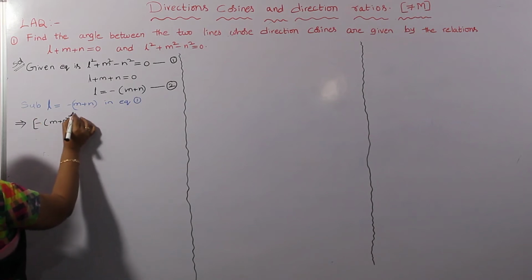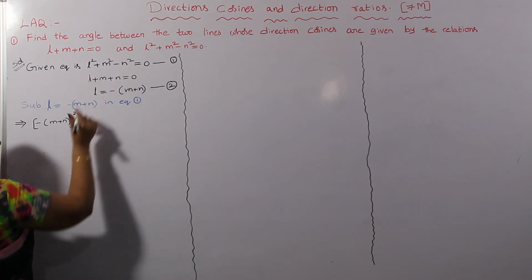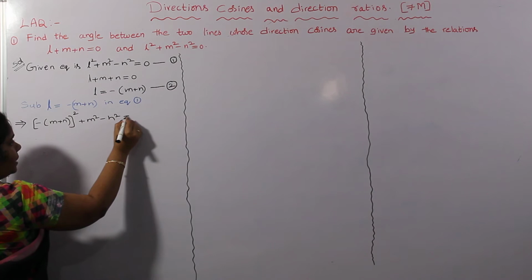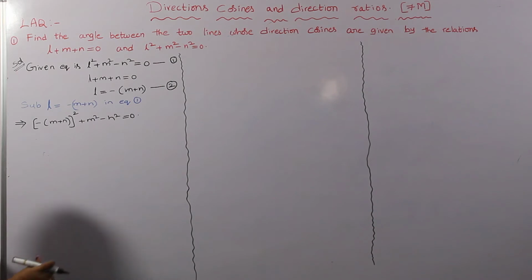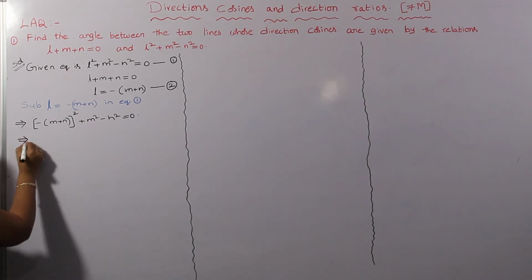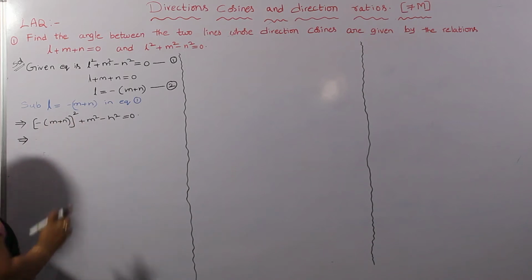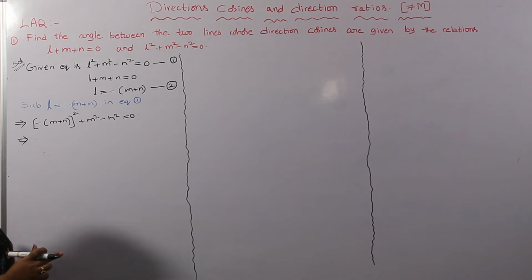That implies equation 1 becomes minus of m plus n whole square plus m square minus n square is equal to 0. Here minus whole square is positive. This is in the form of a plus b whole square, and the formula is a square plus 2ab plus b square.